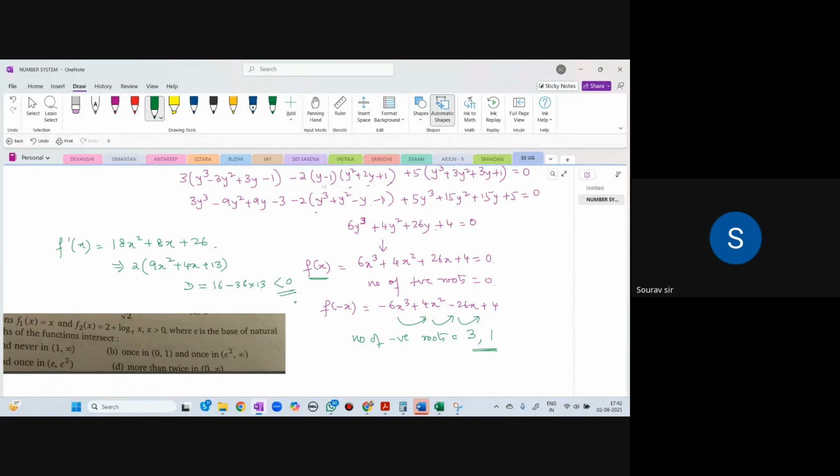Discriminant negative means this will never have any root. That means f dash x will never be 0. So f dash x is always positive here.